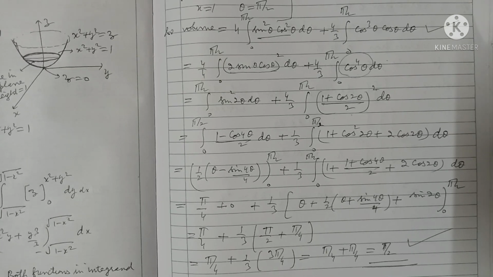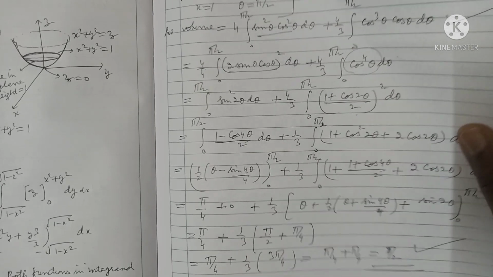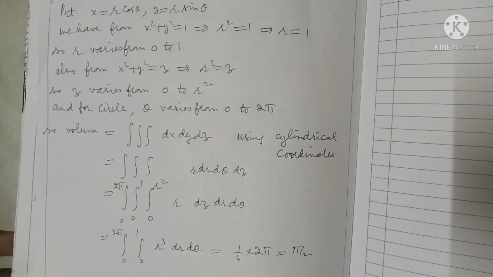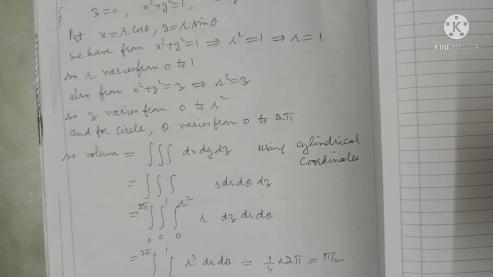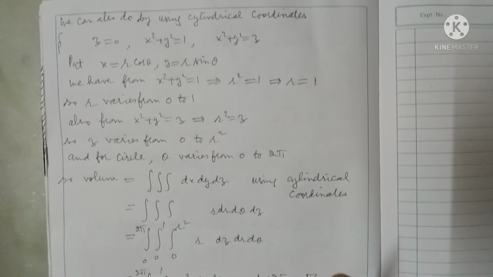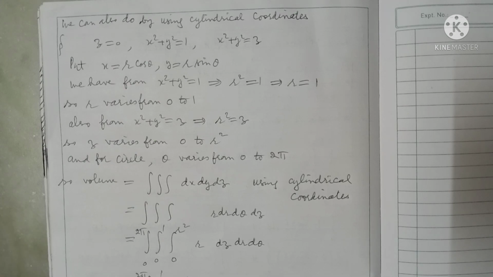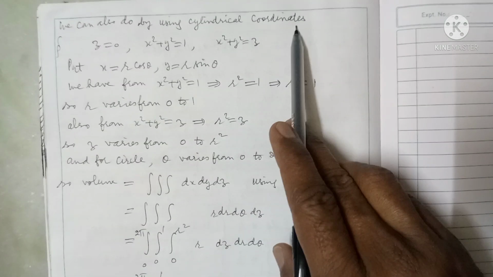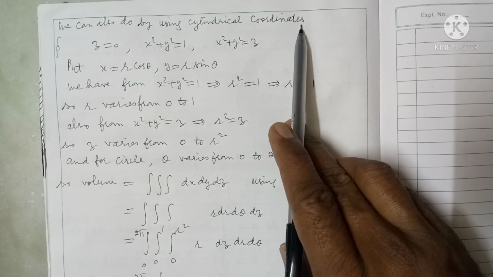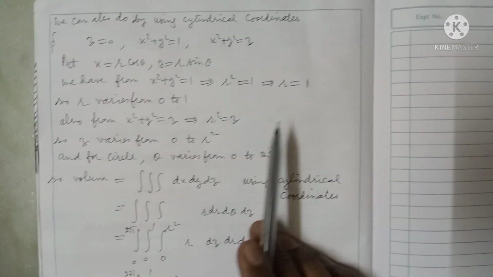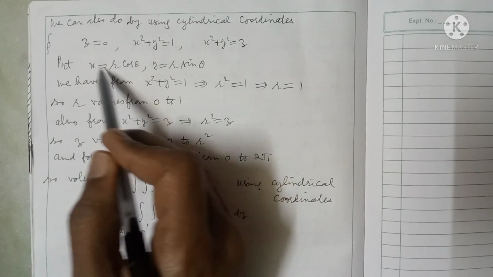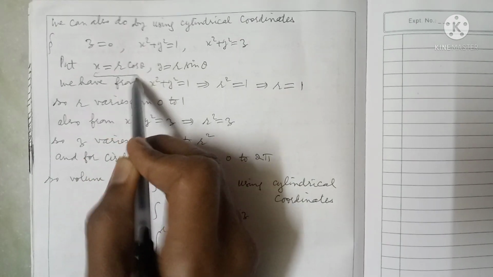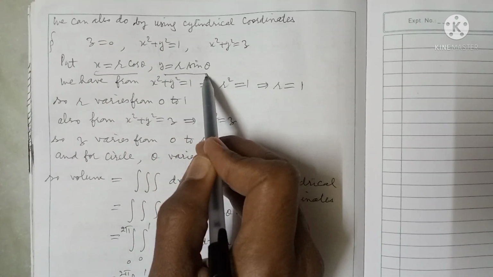We can also find the volume using conversion formula, that is converting the coordinates x, y, z into another 3 coordinates. For this we use cylindrical coordinate system. So what is this? We use parametric equations for a circle.